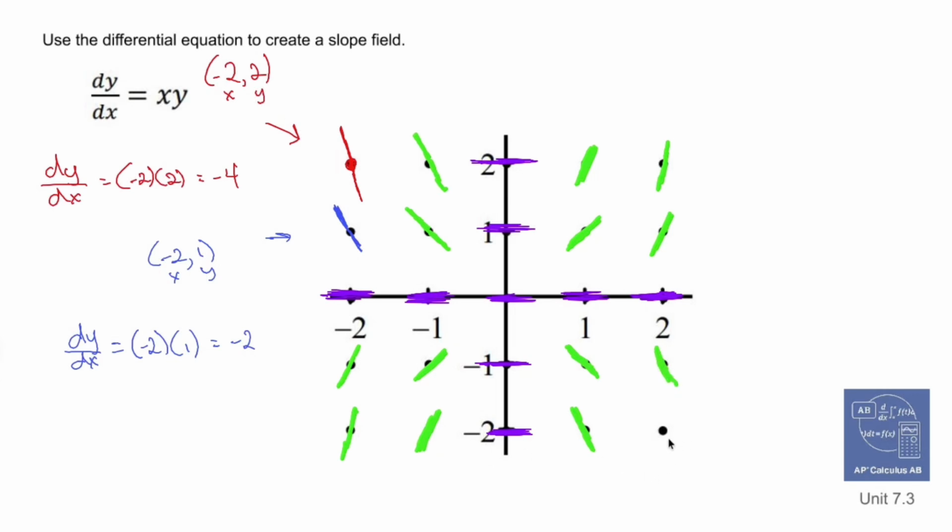And -2 times 2 is going to be a steep negative slope.